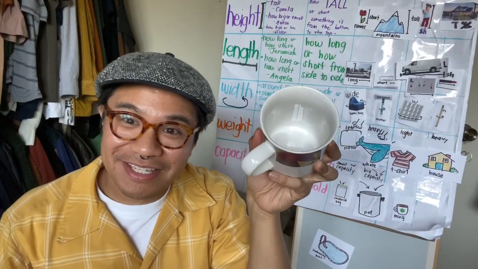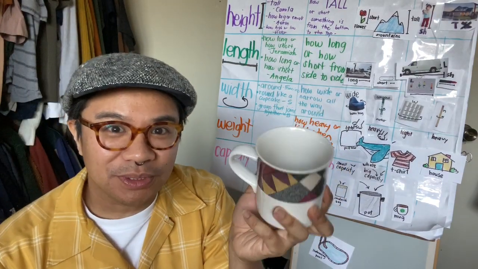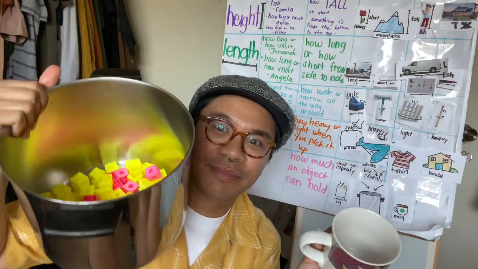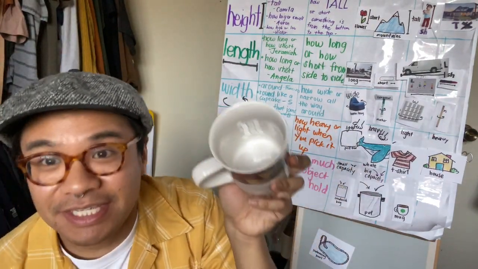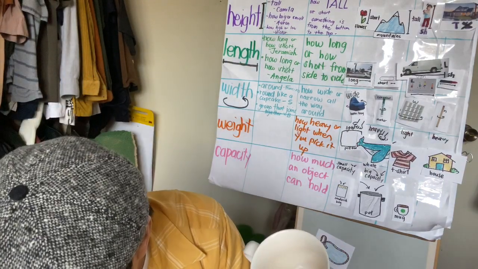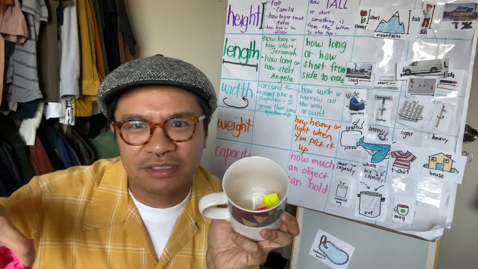It's a small capacity. Why? Because it can only hold a little bit. Let's see. I'm going to take the cubes from my pot and put them in here. Let's see how much I can fit. Do you think I can fit all the cubes from this pot into this mug? Let's see.